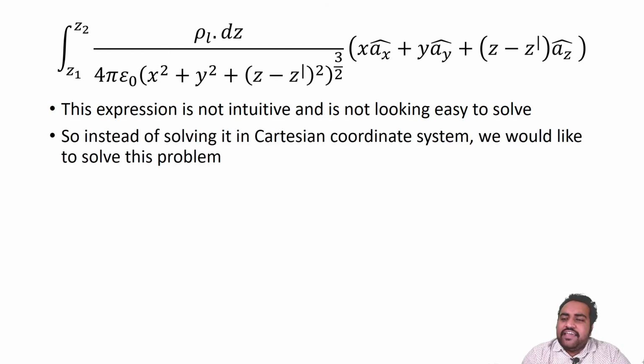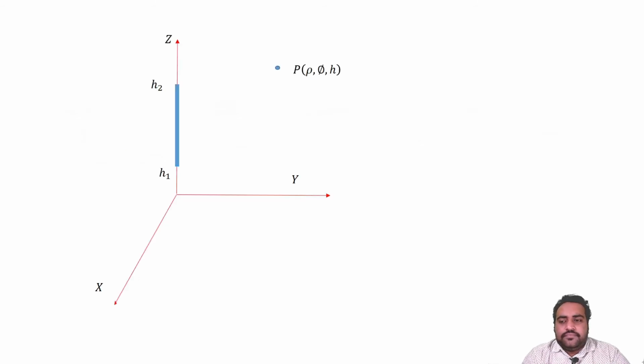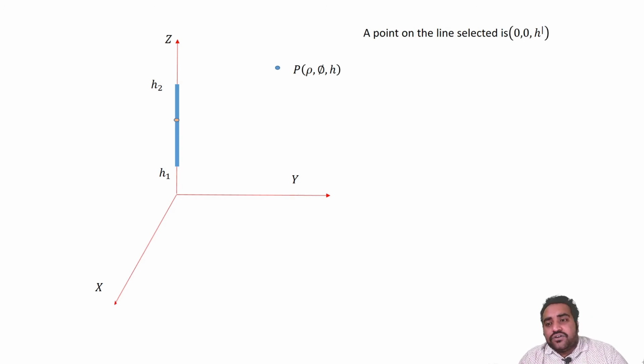That is why I would not solve this problem in Cartesian coordinate system. We would solve this problem in cylindrical coordinate system. The reason why I said cylindrical coordinate system, it would be clear to you when I discuss the vector joining this point to this point. Observe how I got from there to there. First of all, I'd be traveling along a direction perpendicular to h.